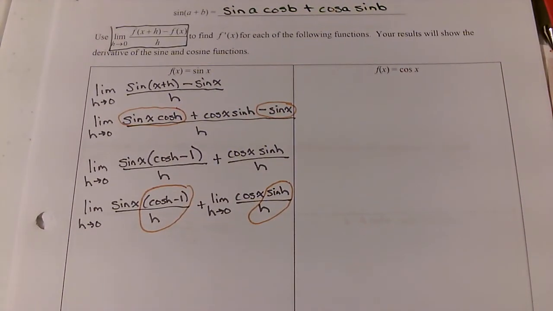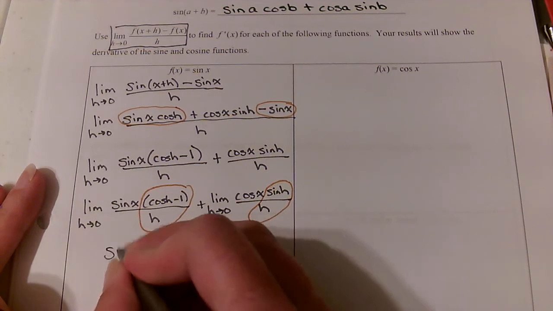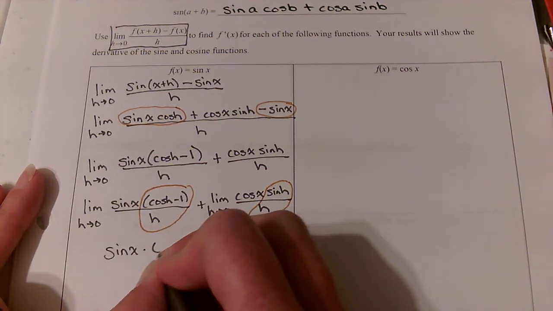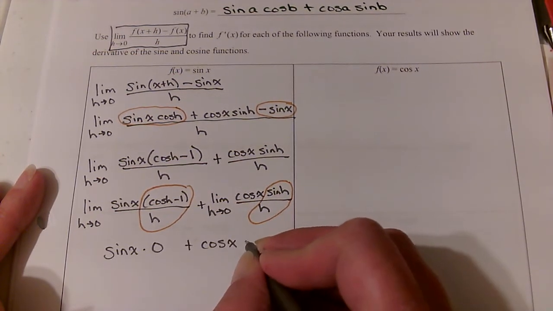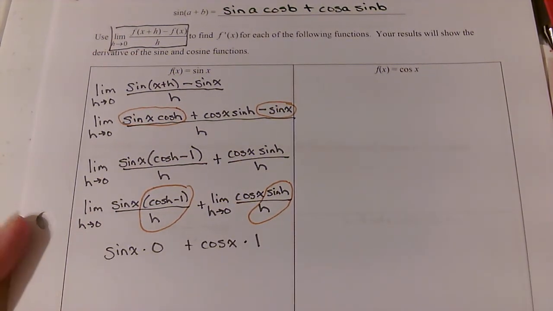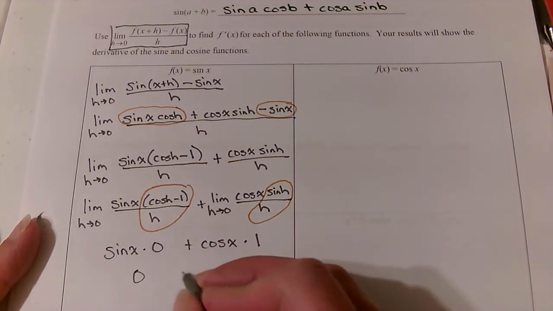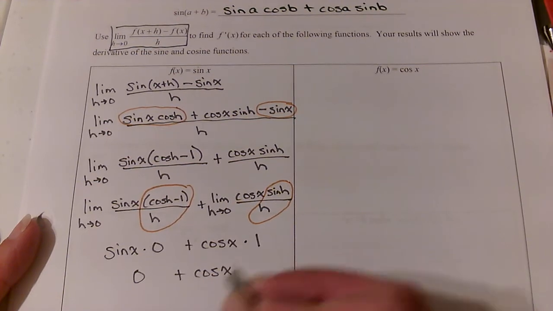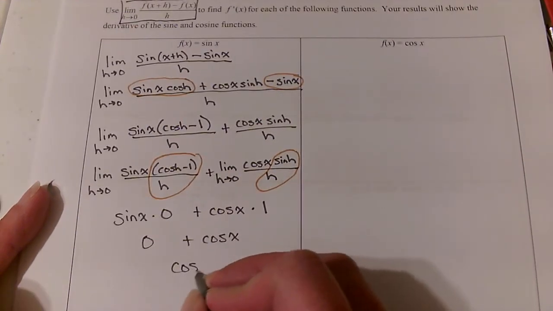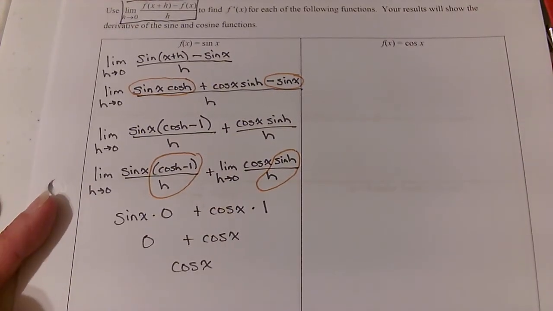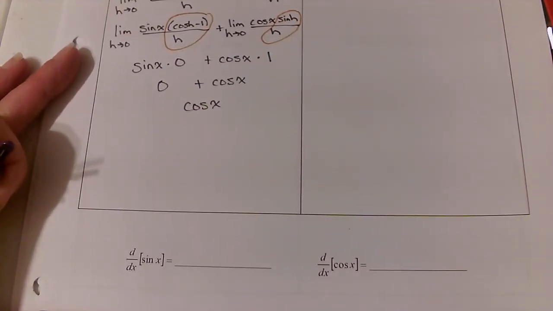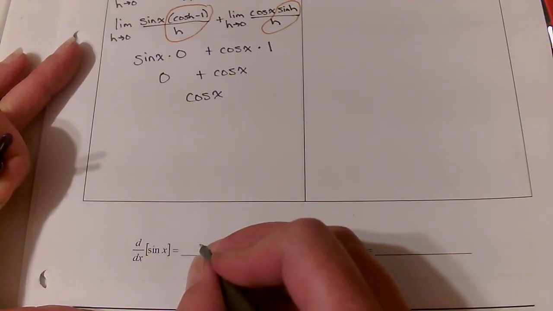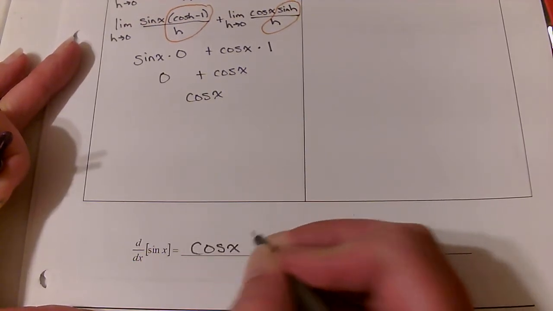So I'd end up with sine x times 0 plus cosine x times 1, which is just going to be a 0 plus cosine x, which leaves me with cosine x. So the derivative of sine is cosine.